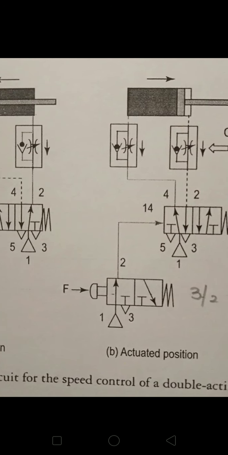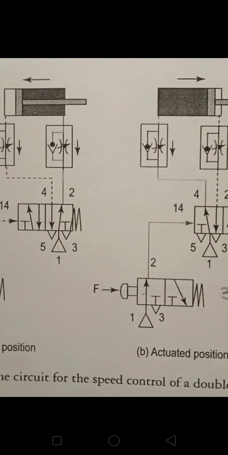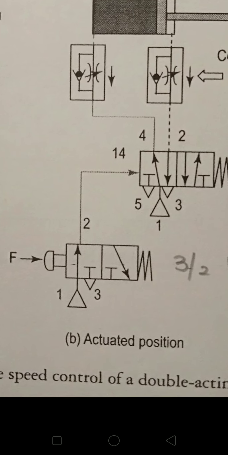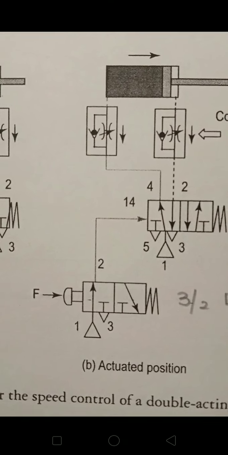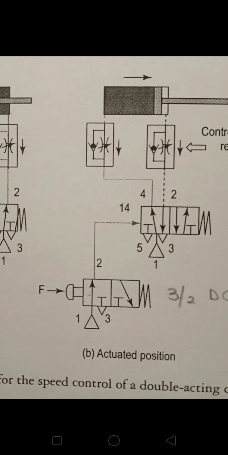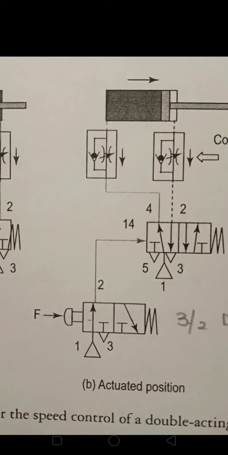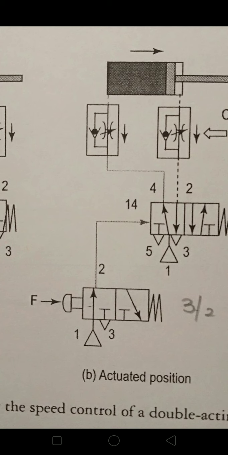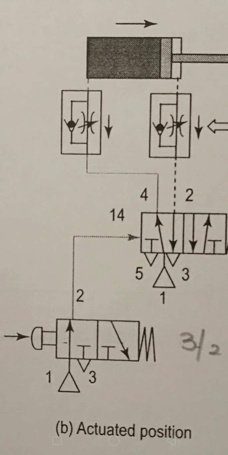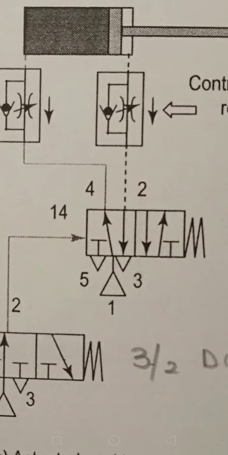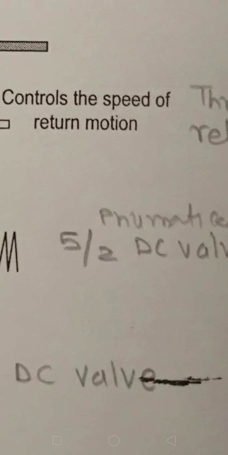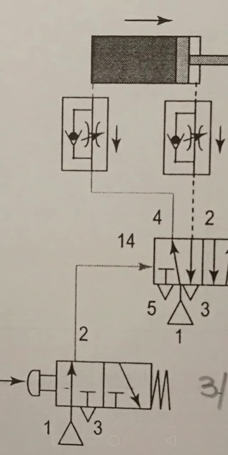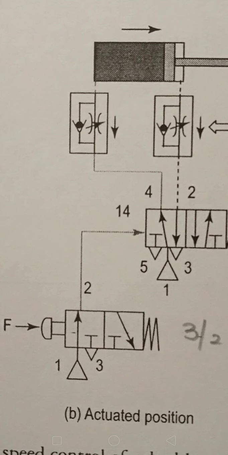Okay, so when you are applying force F right here, 1 is connected to 2, so 2 will give pressurized air to 14, a pilot port, so 1 will be connected to 4 in the pneumatically operated 5 by 2 DC valve, and through 4 air is going and giving thrust to the piston, so it moves towards the right.